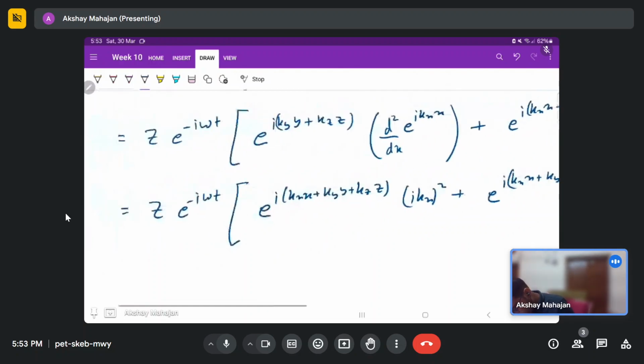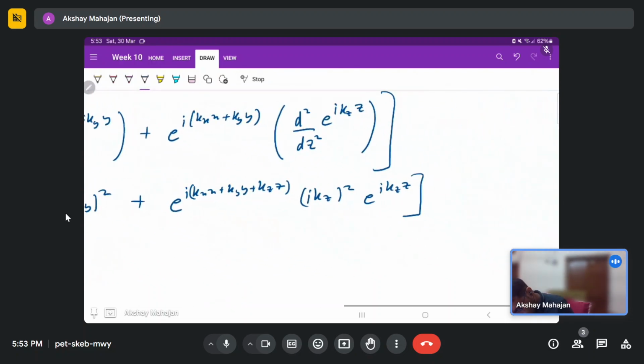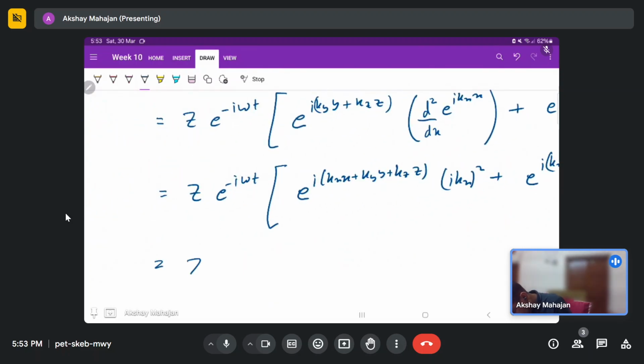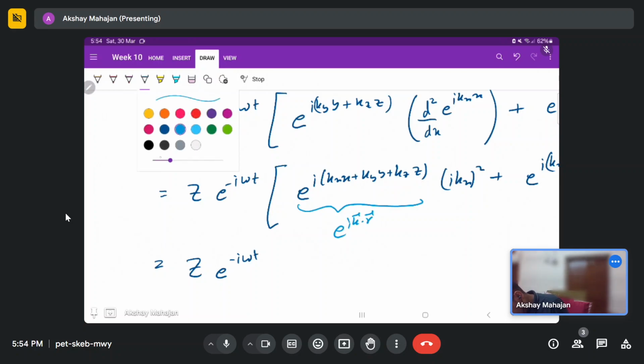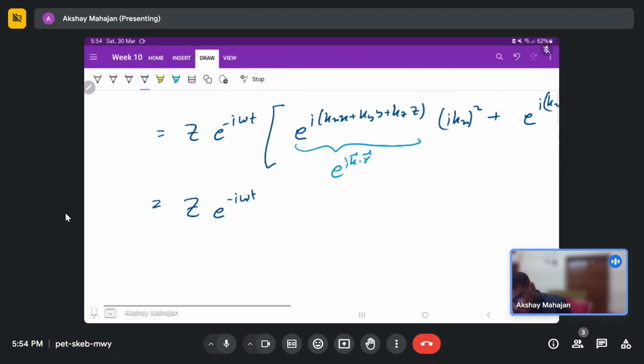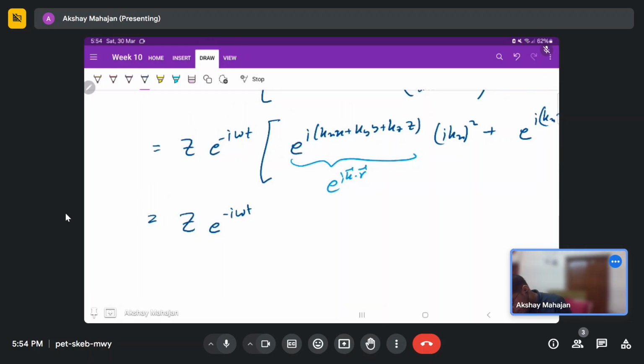Alright, then we can take some common terms. We get z e to the power minus iota omega t, and the common term is e to the power iota k vector dot r vector. I can take that out, and I can take out iota square as well, so that will be minus.